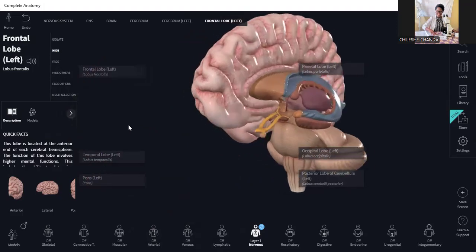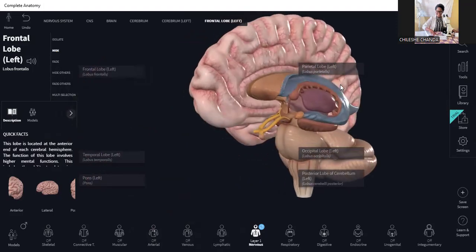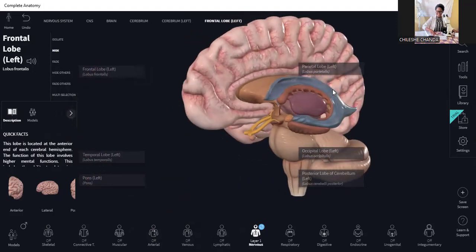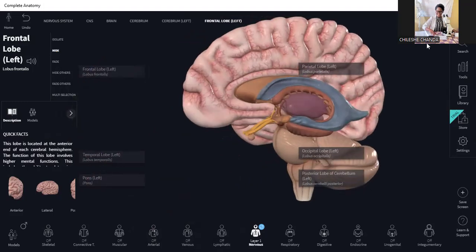And the third pole is the occipital pole. The occipital pole is the posterior-most end of the cerebral hemisphere. So those are the surfaces, the borders, and the poles of each cerebral hemisphere.